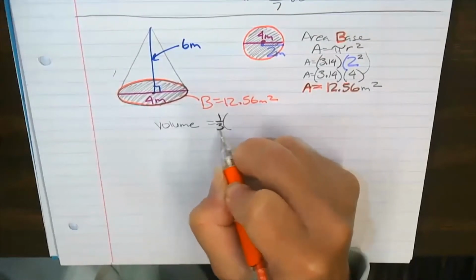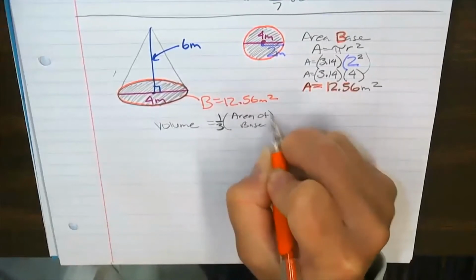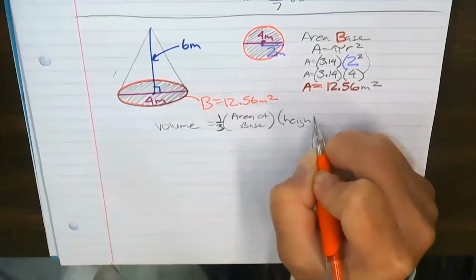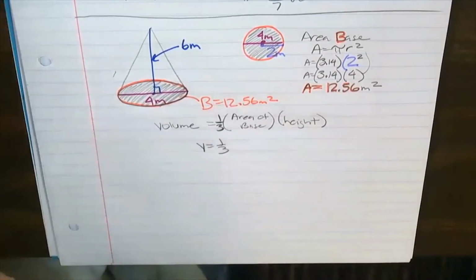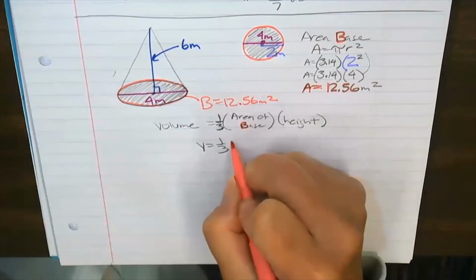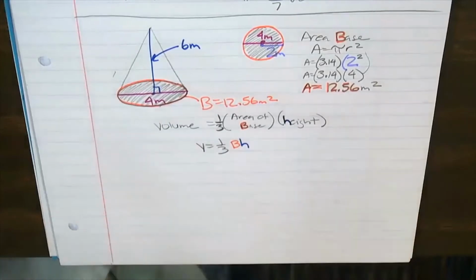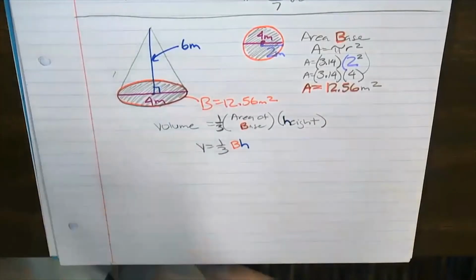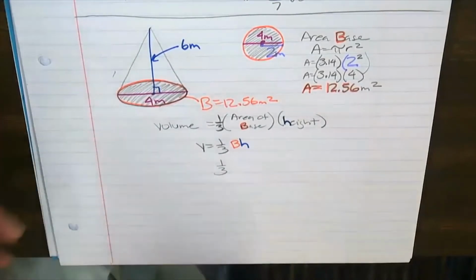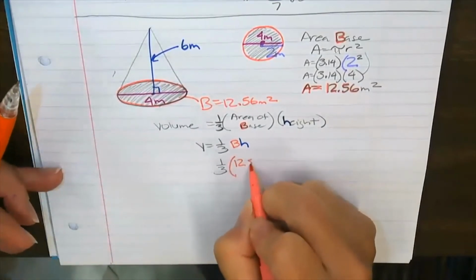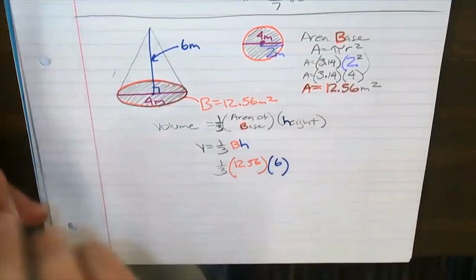Now I can find the volume, because I know the volume is equal to 1/3, don't forget that third, 1/3 the area of the base times the height. So volume is equal to 1/3 the area of the base times the height. And now it's just substitution. So 1/3, my base is 12.56, and my height is 6.